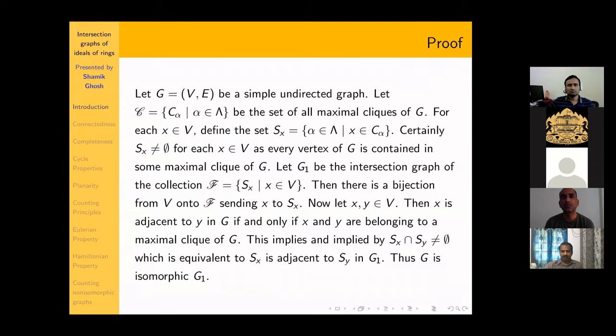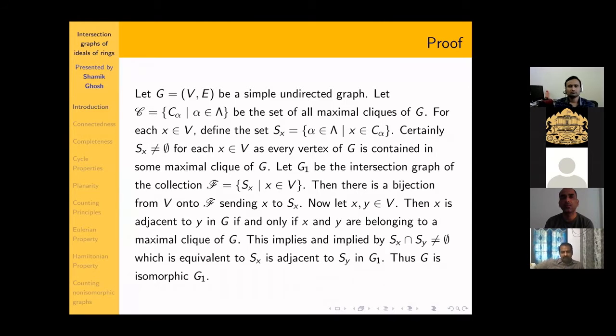And for each vertex x belonging to V, suppose we define a set Sx as the collection of all alpha such that x belongs to C alpha. That is, it is basically the collection of all the maximal cliques to which the particular vertex x belongs.